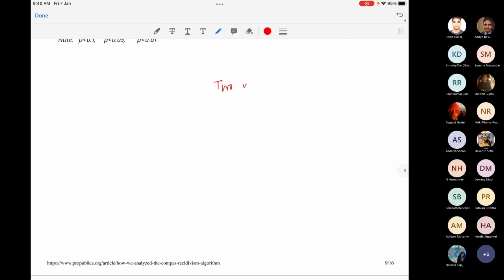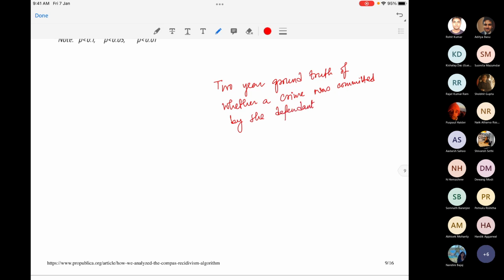Recall, they had this 2-year ground truth of whether a crime was committed by a defendant.